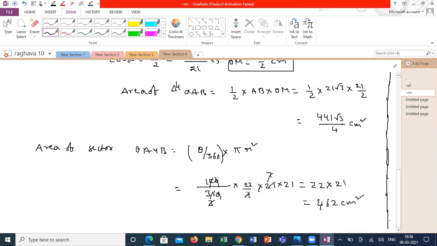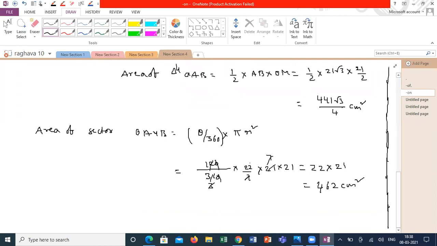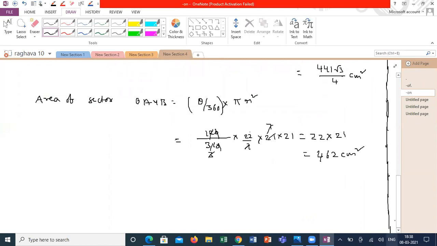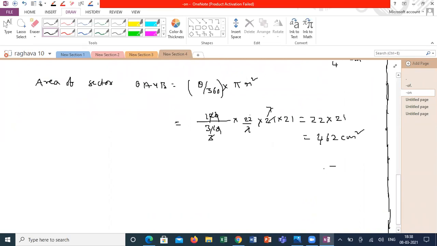462 centimeter square. Suppose I am asking the area of the segment: area of sector minus area of triangle.